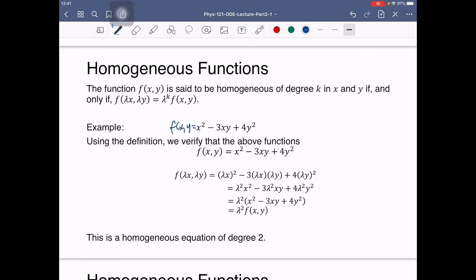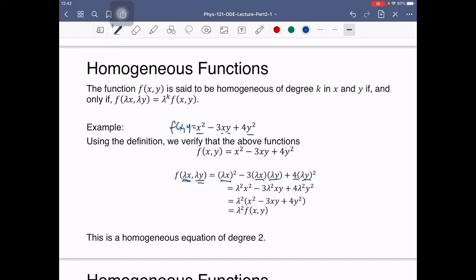So palitan lang natin yung x and y with lambda x and lambda y. So magiging lambda x squared minus 3 times lambda x times lambda y plus 4 lambda y squared. So pinalitan lang natin yung x and y ng lambda x and lambda y.